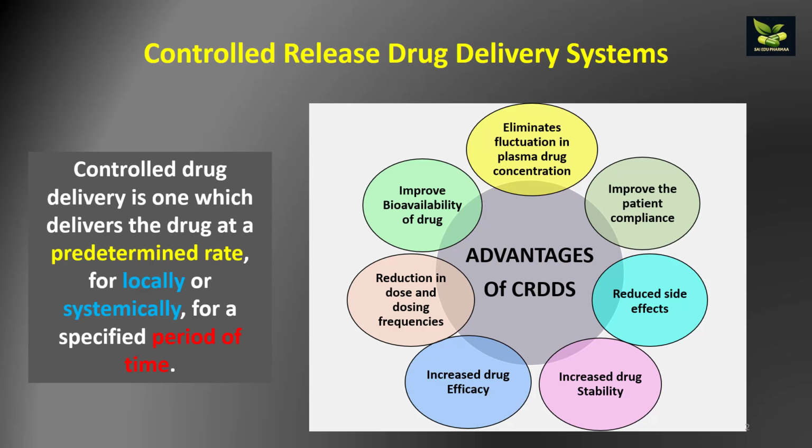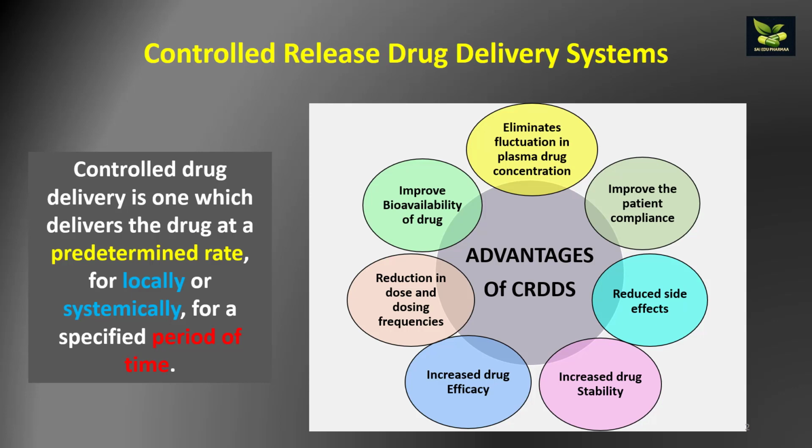So what are the important advantages of preparing controlled release drug delivery systems or novel drug delivery systems, we will see from the right hand side. As the dose is reduced because we target the drug to the specific site, and because we deliver the drug at the predetermined rate also, the dose is reduced.